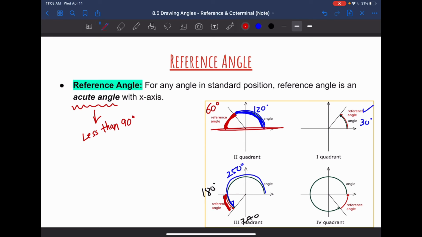Okay, so my x-axis was here. I have a 250 degree, but when I look at the third quadrant, this part is my acute one, right? And how you find this, it's basically 250 minus 180.